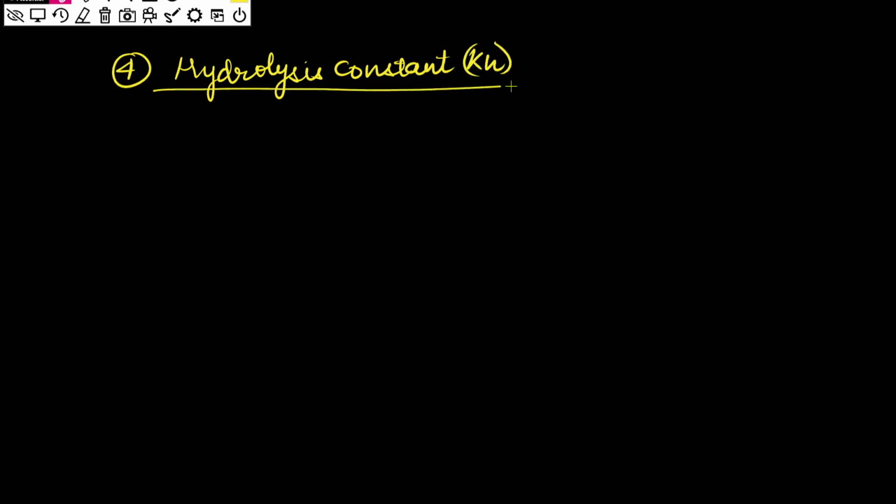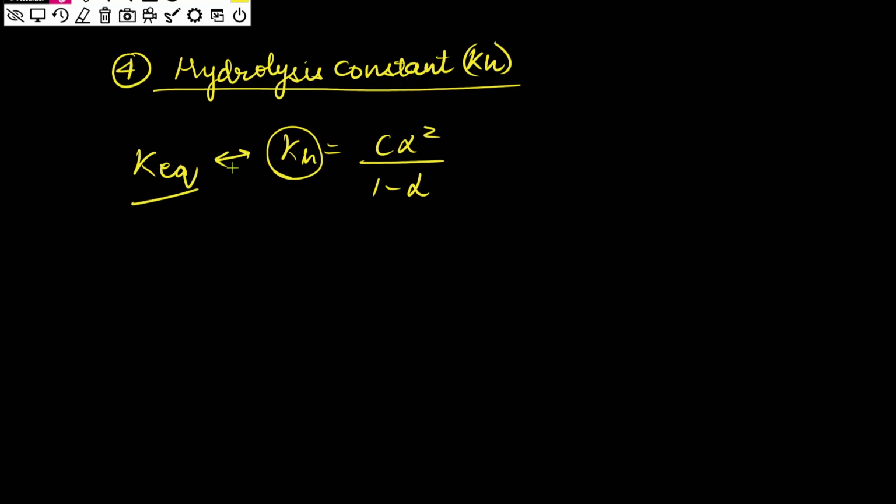The fourth important application is to calculate the hydrolysis constant, Kh. Simply remember the formula: it is C alpha square upon 1 minus alpha, and this hydrolysis constant and this K equilibrium are the same thing. So this is also what you need to know.